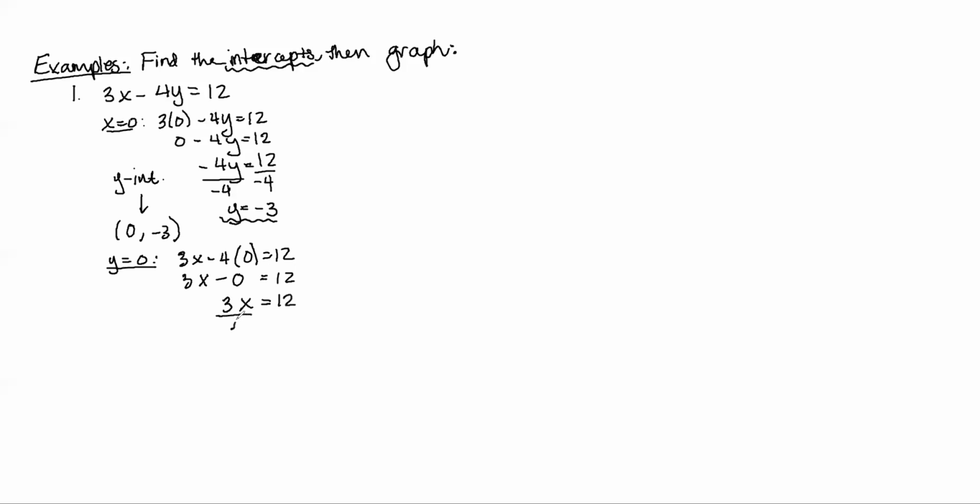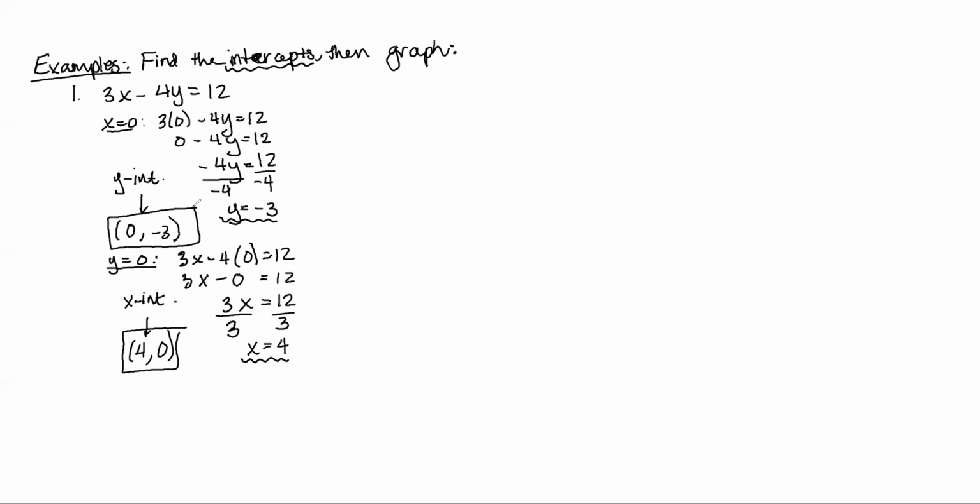And dividing both sides by 3, we get x equals 4. So again, we have an x equals, which means it is our x-intercept. So x is 4, y is 0, because that's what we plugged in. So this is our x-intercept. And so these are our two intercepts here.